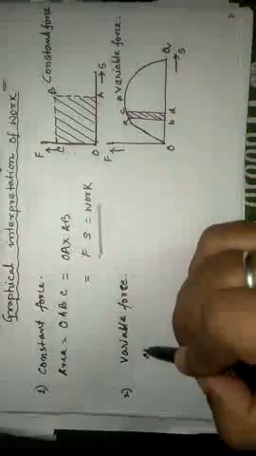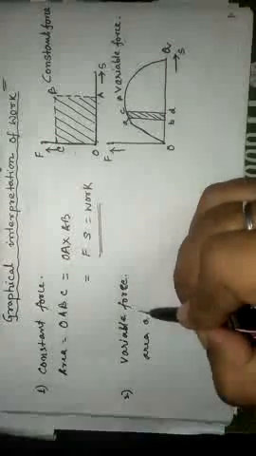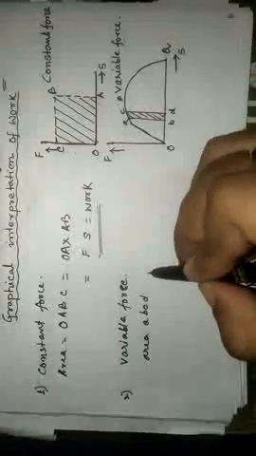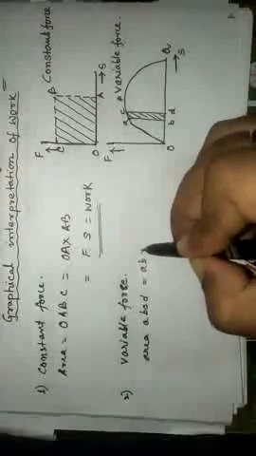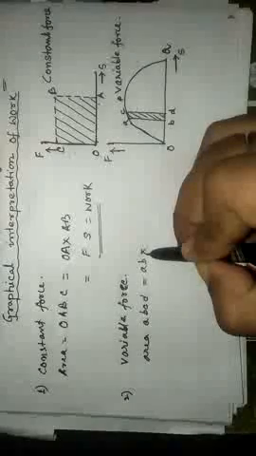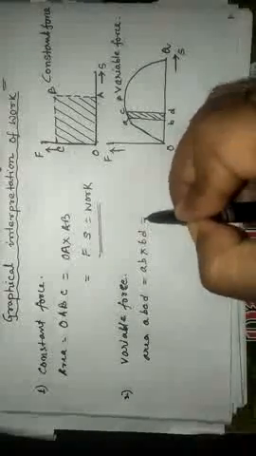So here we draw two vertical lines, AB and CD. These AB and CD are very close to each other. So the area ABCD is equal to AB into BD. This is F into ds. So this side is F and this side is ds.